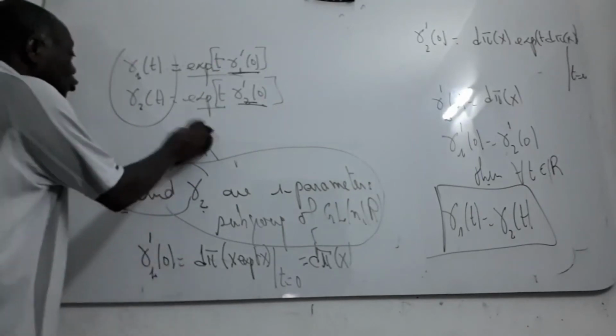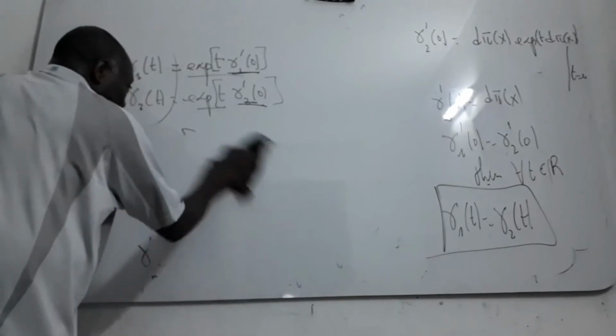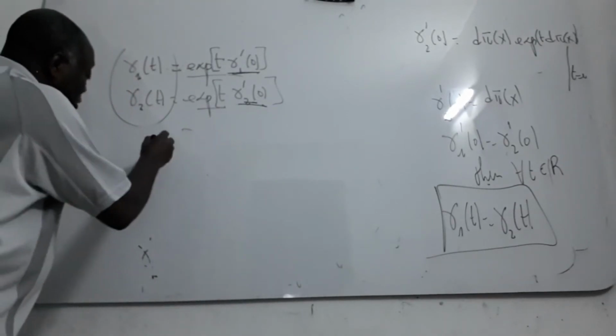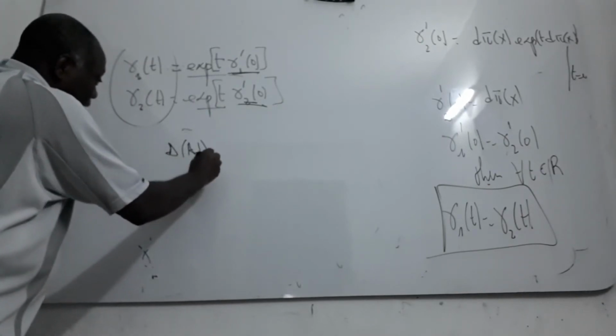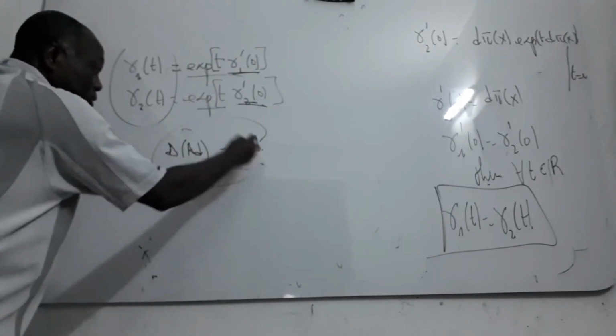And then you should prove it. It will be the same for the adjoint, because the derivative of the adjoint here at 0 is exactly ad. So the same notation like this.